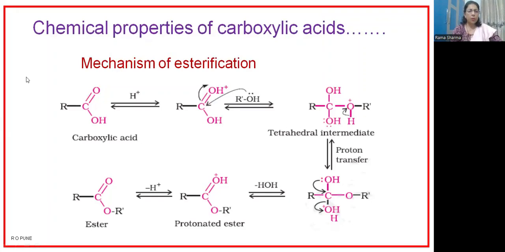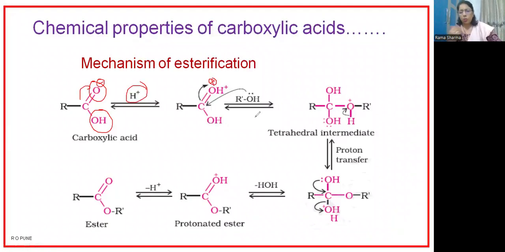If we look at the first step over here, the H plus from the mineral acid protonates the carboxylic acid. We can see the negative charge dispersal on this oxygen, and H plus may be connected to this. In this way, OH is formed over here, giving a positive charge to the oxygen, which is not favorable for the oxygen.